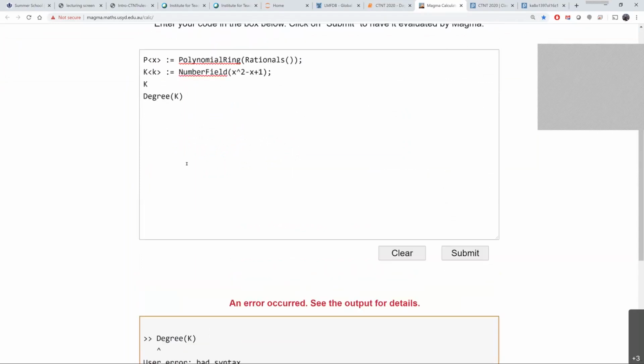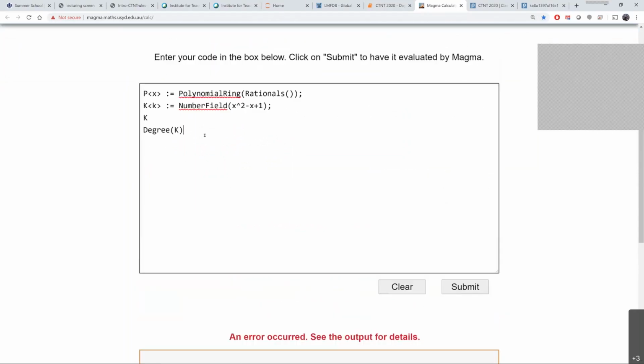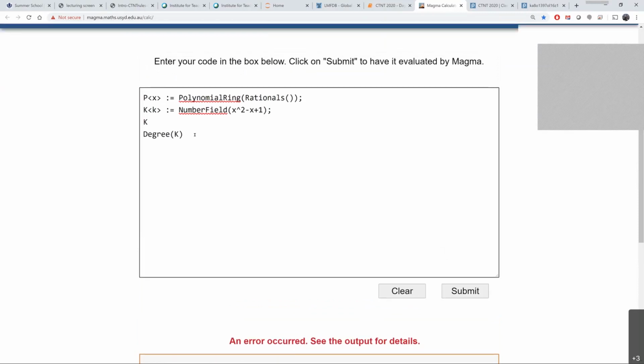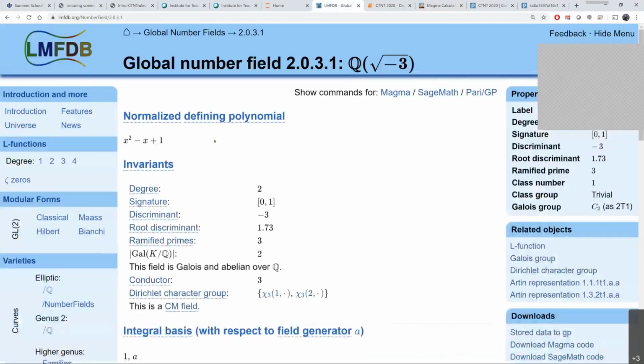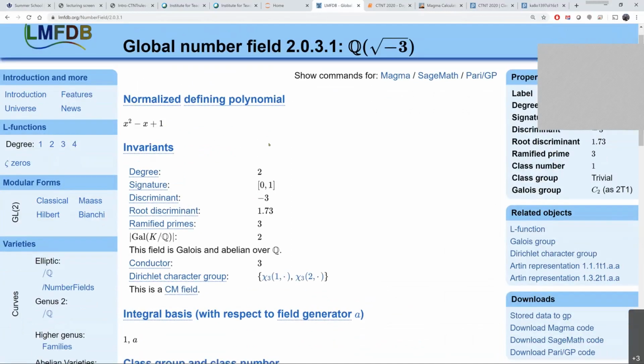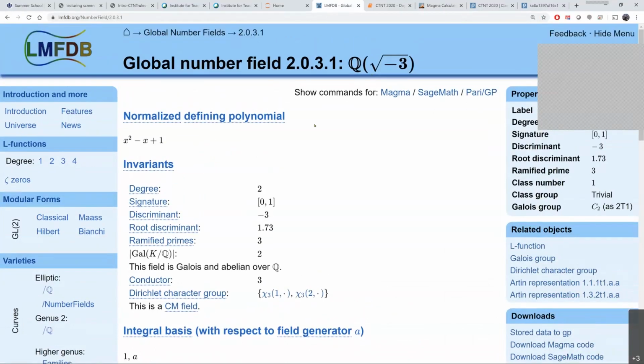Okay, degree of K. All right, well, that's not a good start. Anyway, this is a quadratic number field, and it corresponds to the extension that adjoins the square root of -3.